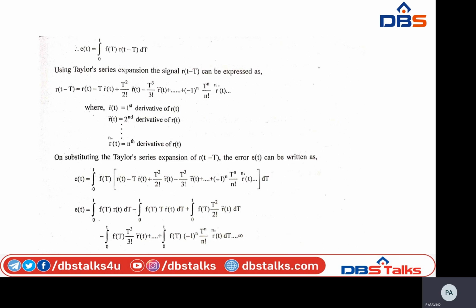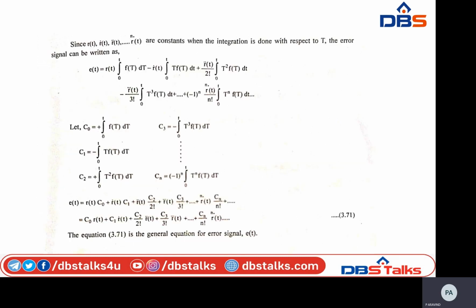Okay, now we are going to assume the first term, that is integration of 0 to t of f of T into dT, is equal to c naught, and the second term, that is minus integral 0 to t of T into f of T into dT, is equal to c1 and so on.